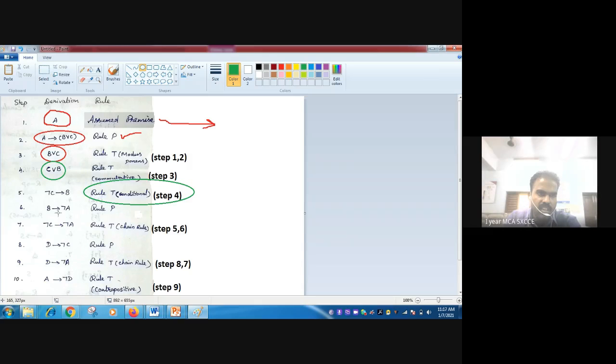After that, once again B goes to negation A. That is rule P. Rule P means it is a given premise. Understand? After that, chain rule for 5 and 6. If you apply the chain rule for 5 and 6, what do we get?